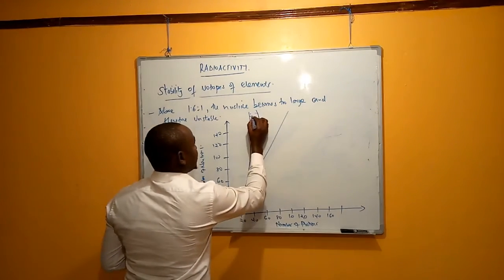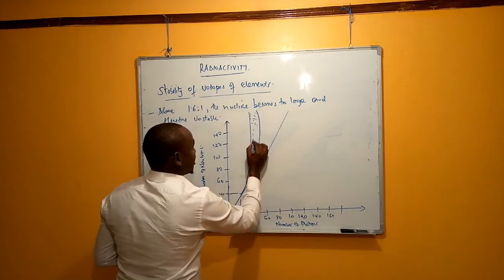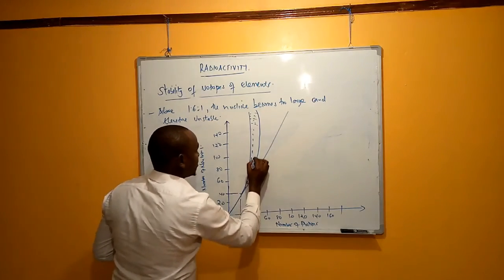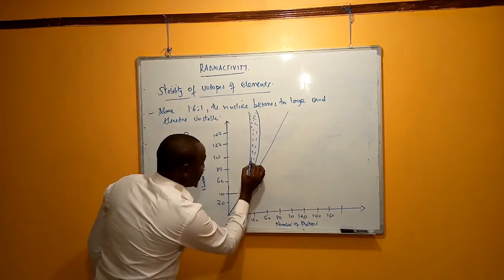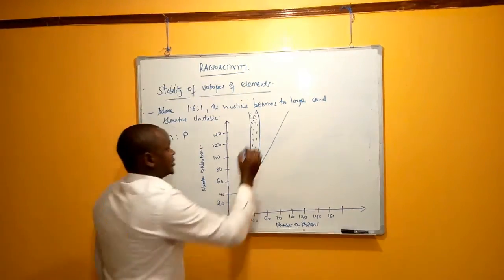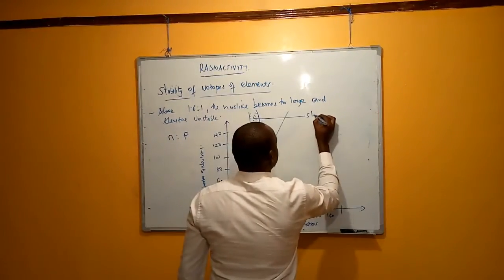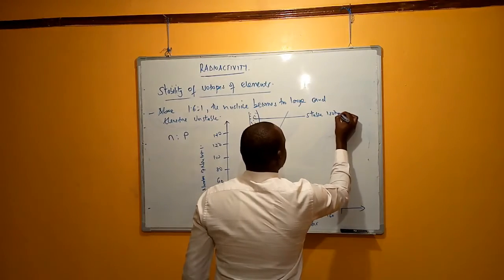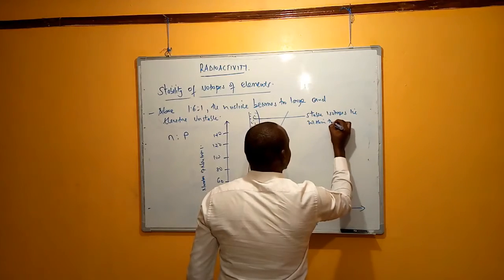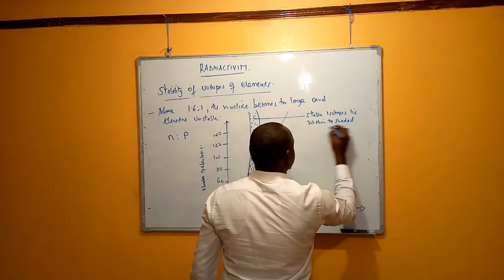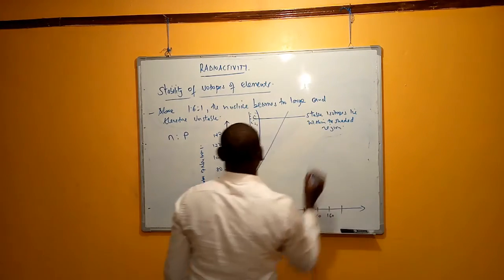As I said, this may not be very accurate, but you can do it from your book. I just want to explain. Look at this. Anything that is inside here, stable isotopes lie within the shaded region or the shaded area.